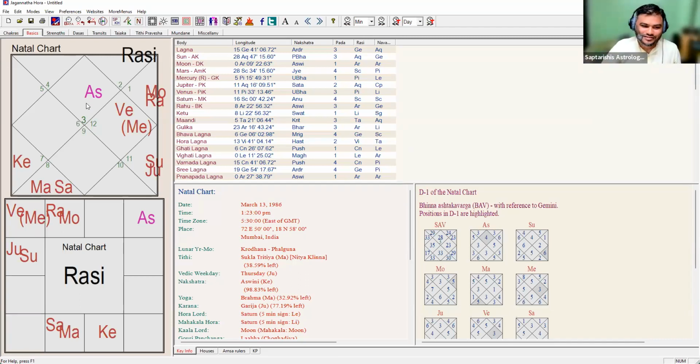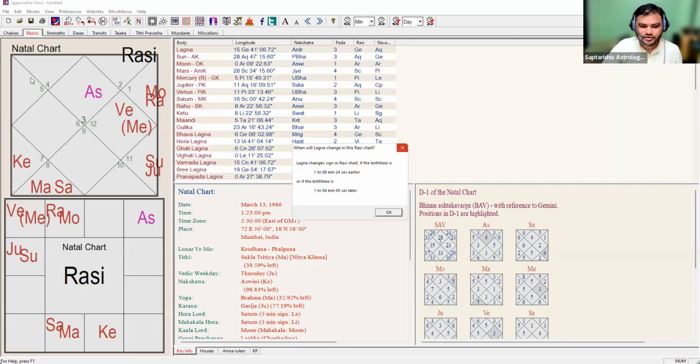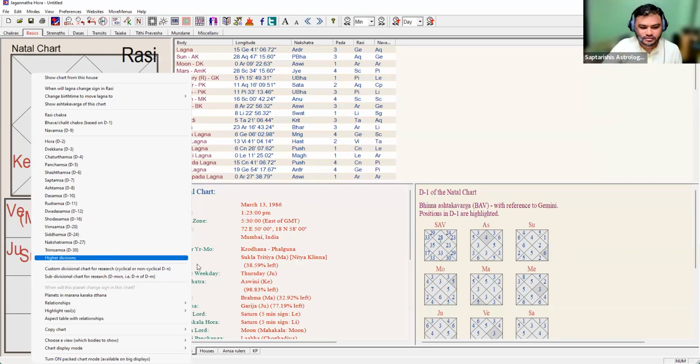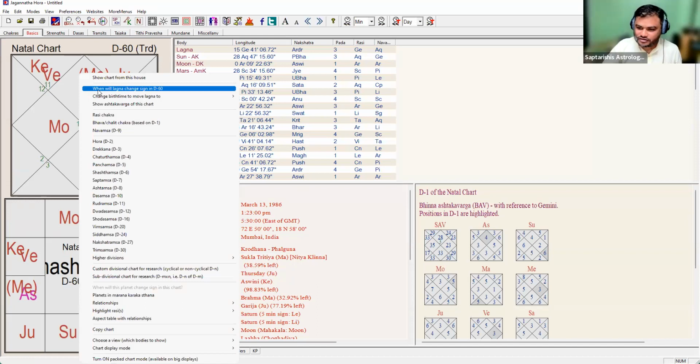Like this Lagna, if you click here, you can see when Lagna will change. Sorry, it is the D1. I'm showing you the charts which are rectified. So I have a very specific chart for it.